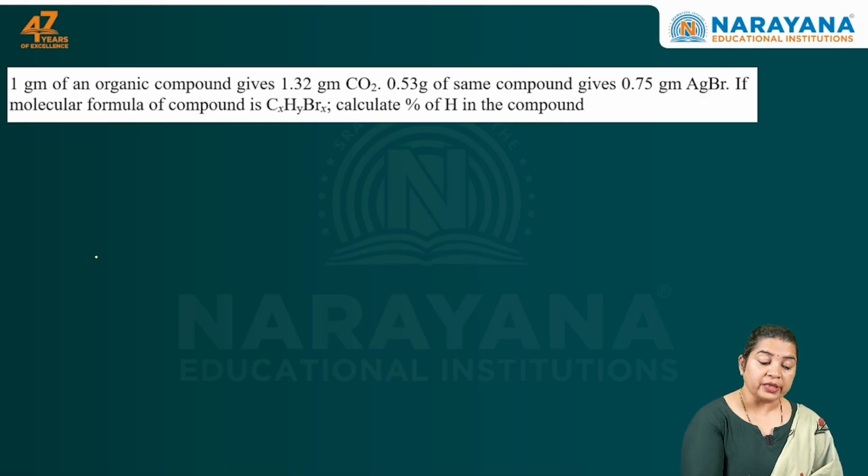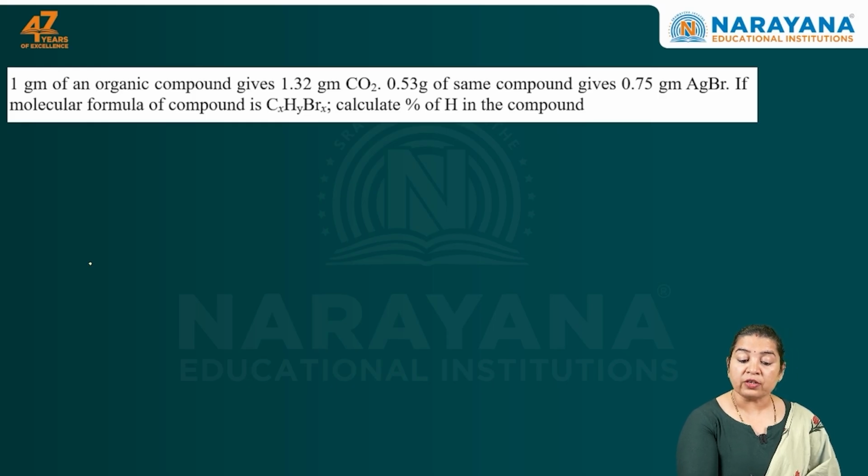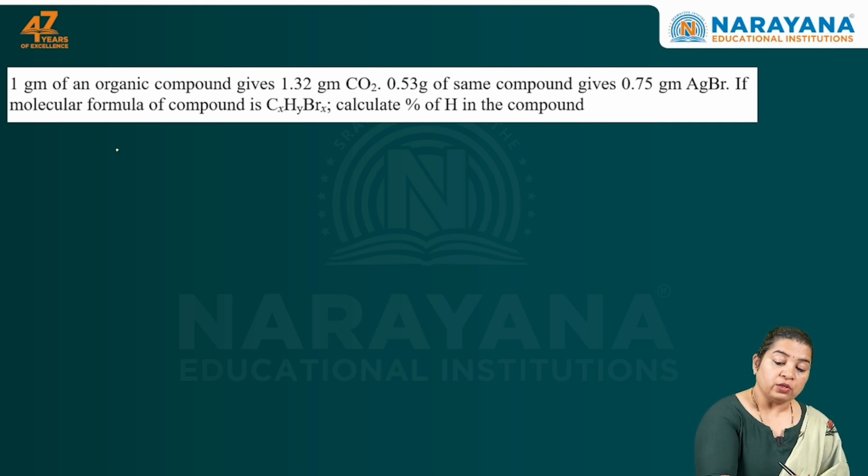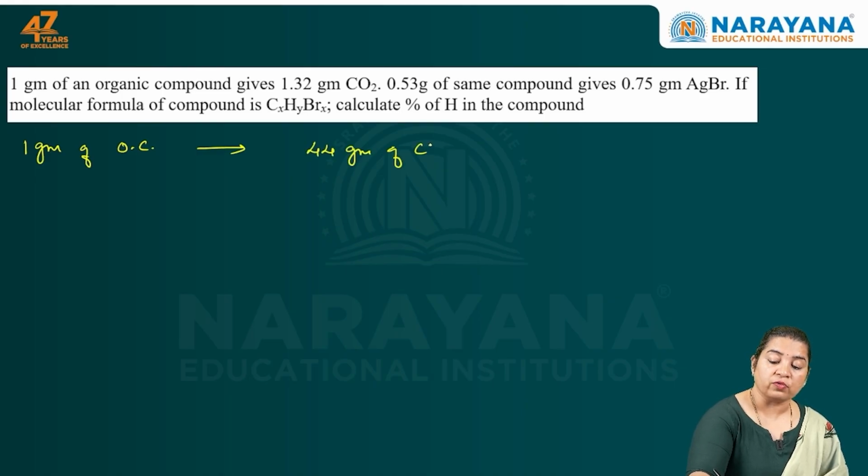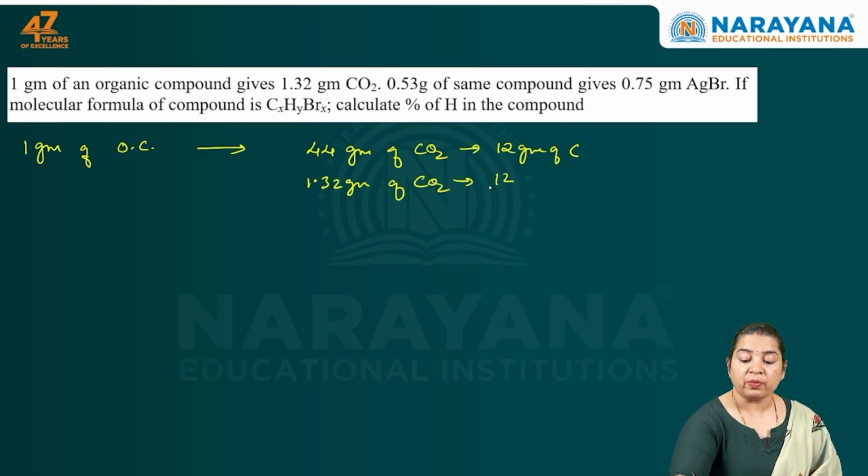Moving to the next question: 1 gram of an organic compound gives 1.32 grams of CO2. If it was 44 grams of CO2, then 12 grams of carbon was there. With 1.32 grams of CO2, carbon is 12 upon 44 into 1.32 grams, correct.